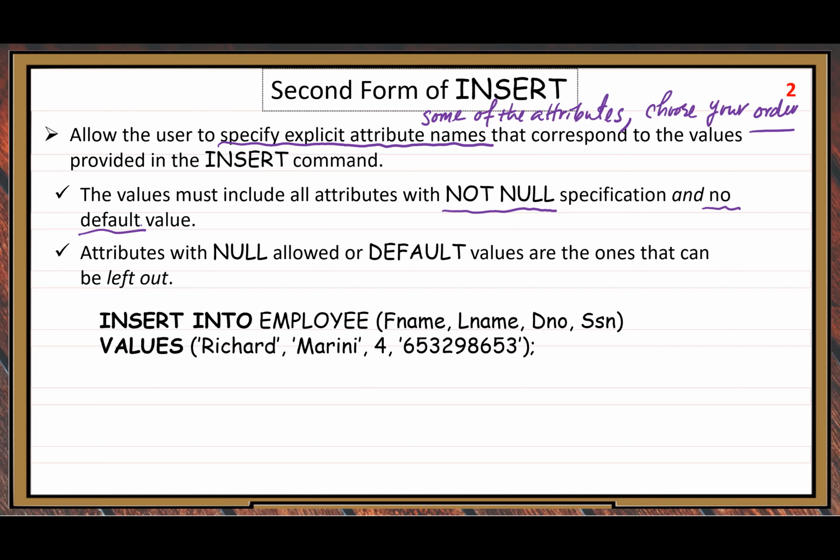This time, we want to provide data for these four attributes: F name, L name, Dno, SSN. All the remaining attributes, we leave them out. Like middle name, middle initial.